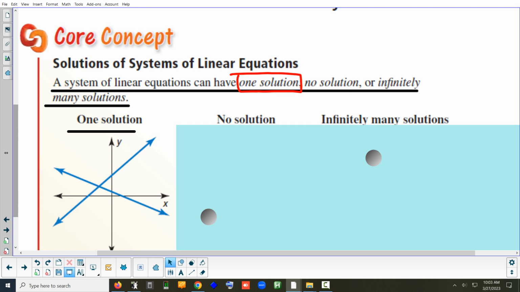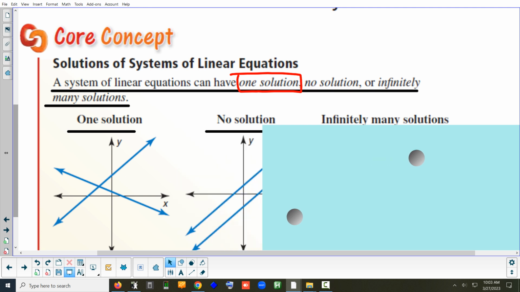What kind of lines do you think would have no solution if you drew them? Think about it: the solution is where the lines cross. Yeah, when they're parallel. If you draw two lines and they don't ever cross, that's a special case.